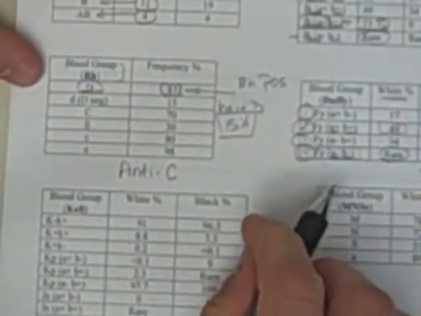So another example, let's say that somebody has an anti-big C antibody. If we wanted to find the portion of the population that would be compatible, I go up and I look at my big C and I say, wow, 70% of the population of donors has that. So the 30% who do not have the big C antigen on the surface of their cells, it's those people who do not have that that are going to be compatible.